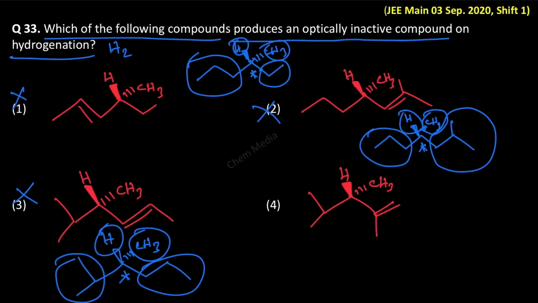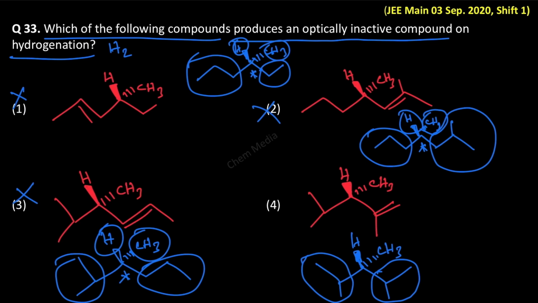And then for the 4th one it would be 1, 2, 3, 4, 5, and then at the 4th position there is a methyl group, and at the 2nd position also there is a methyl group, and then at the 3rd position we have a methyl group. This would become optically inactive, isn't it? Because we have 2 isopropyl groups attached to the same carbon.